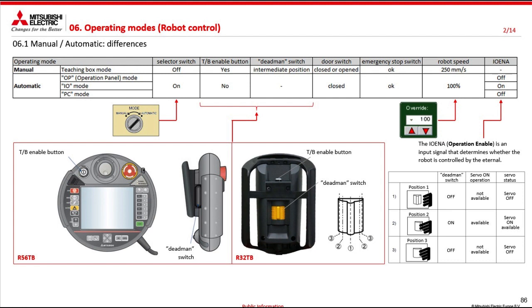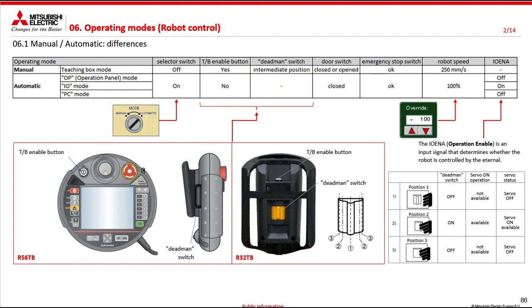In the intermediate position, it will be possible to turn on the motors. In the third position, which is fully pressed and pulled, the motors will be turned off again. So we will have to press the deadman button halfway.